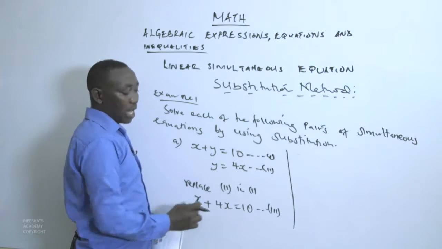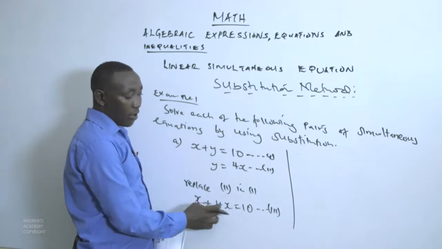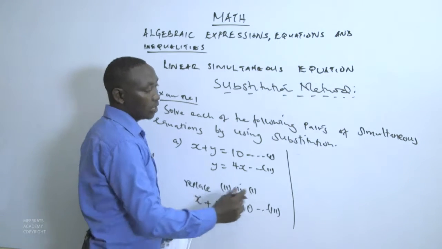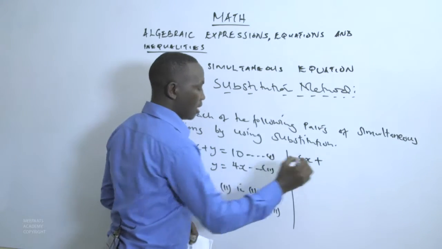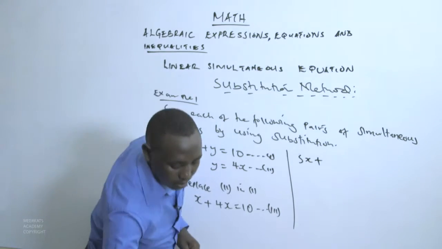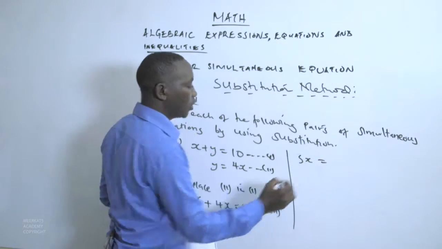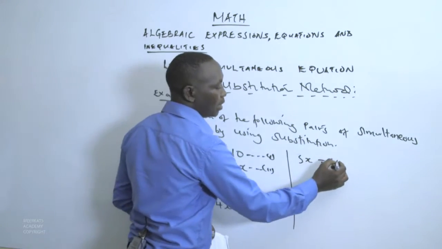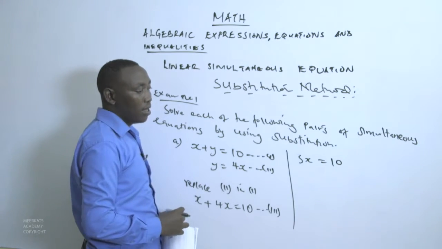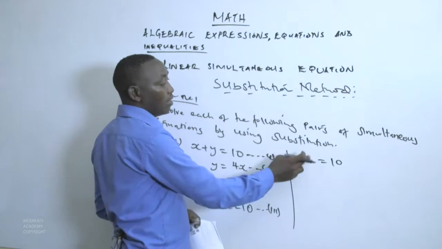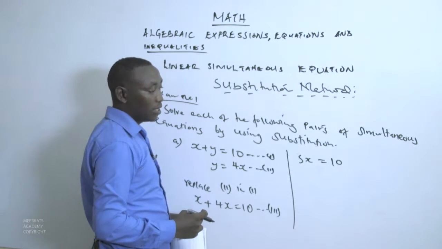Now, x plus 4x, x and 4x are like terms. Therefore, we can add them. 4x plus x, you'll get 5x is equals to 10, which is on the right hand side. Now, for us to get the value of x, we divide both sides by the coefficient of x, which is 5.